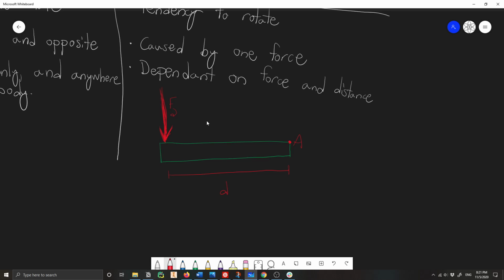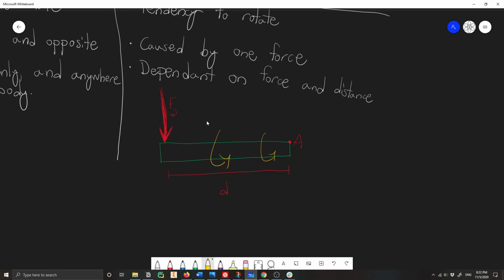So the important thing here is that the rotation is dependent on two things. It's dependent on the force, but assuming that I keep the force the same, it's dependent on where I place the force in my system. And so unlike the couple moment, which we saw where if I have a magnitude of something like 200 Newton meters, I can place it anywhere, right?